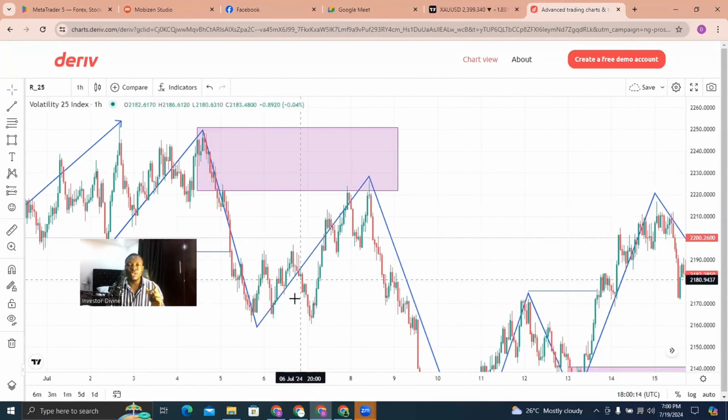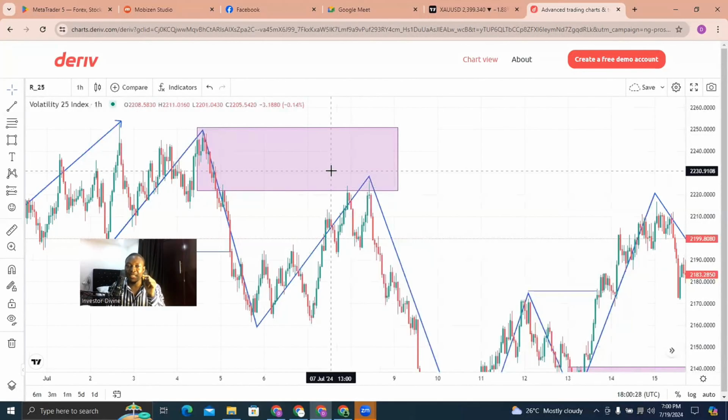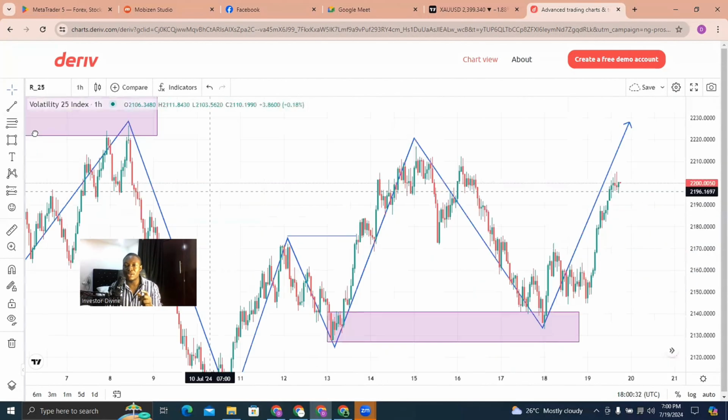The market doesn't just come to the supply zone and begin to sell. No, there's something that happened there when market came into that supply zone before it began to sell.